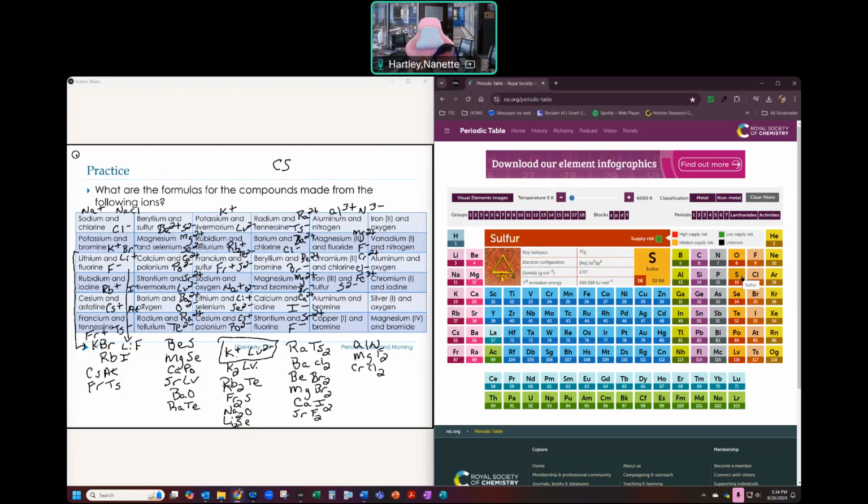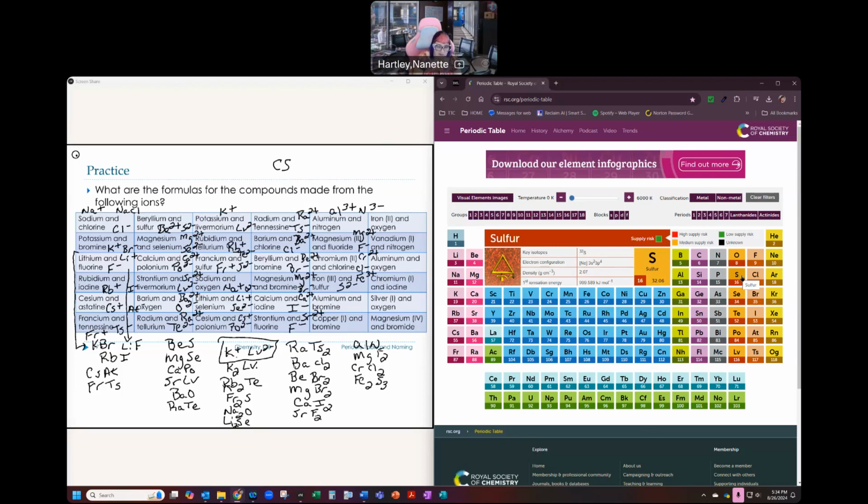So if I've got that 3+ and a 2-, I go Fe, and I need 2 of those. And my S, I need 3 of those to make sure that I have the same charge. So 2 3+ and 3 2- gives me a total of 6 positive and 6 negative. So Fe2S3 is the way that would balance.